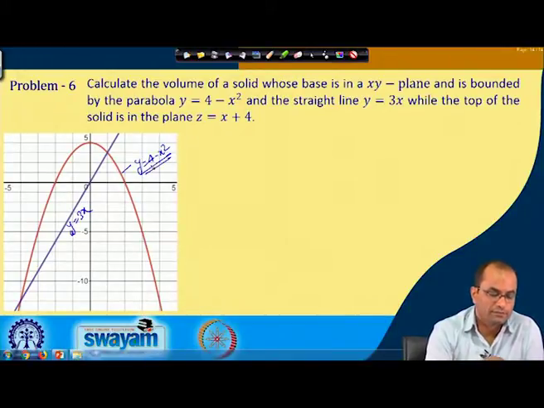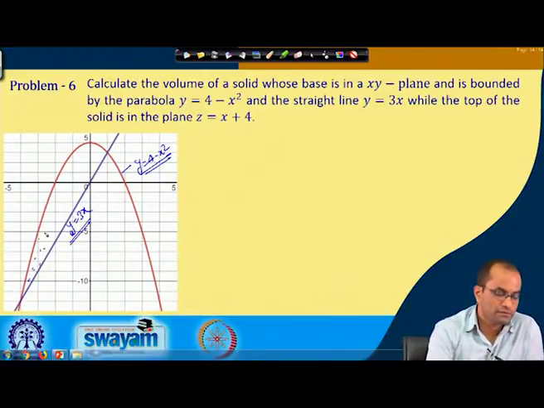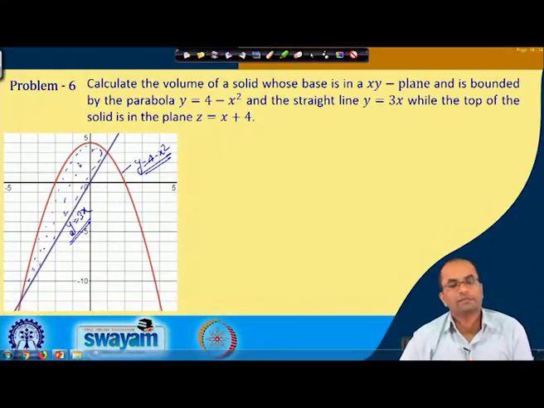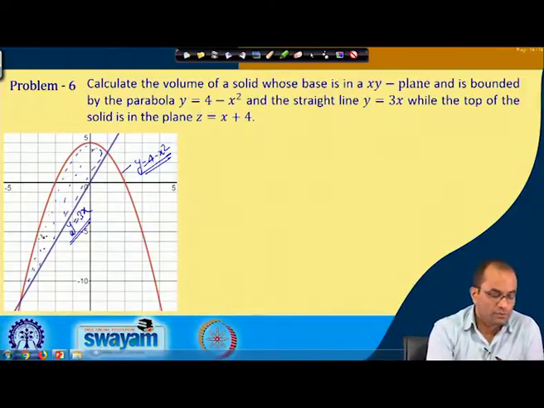We have seen similar regions earlier also. So, this is the region where we want to get the volume below the z is equal to x plus 4 plane.